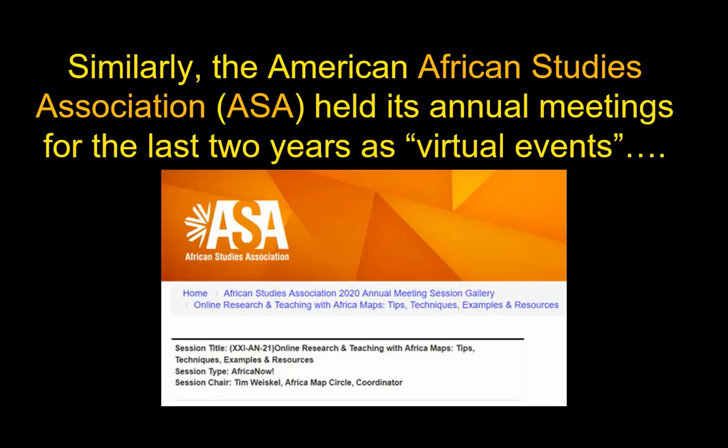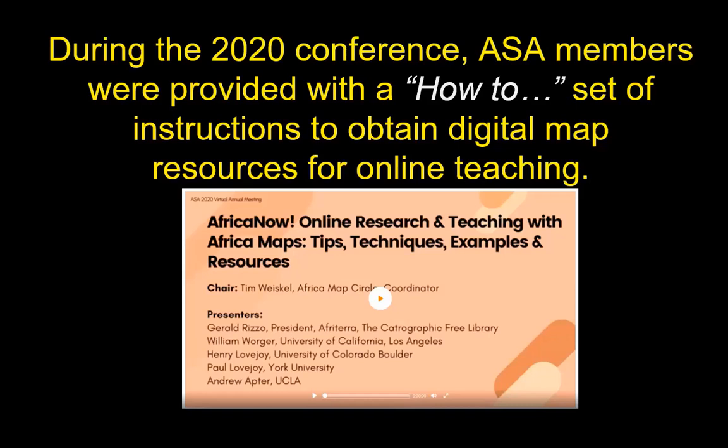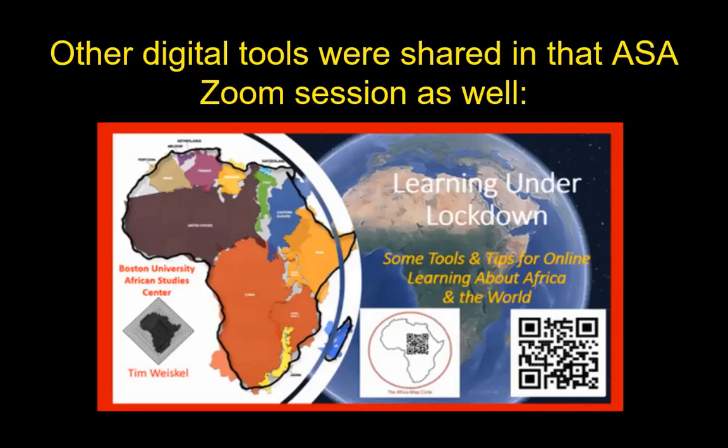Similarly, the year before, the African Studies Association held its annual meetings for the last 2 years, in fact, as virtual events. During the 2020 conference, the ASA members were provided with a how-to set of instructions to obtain digital map resources for online research, and other tools were shared as well because of the learning that had to take place under lockdown.